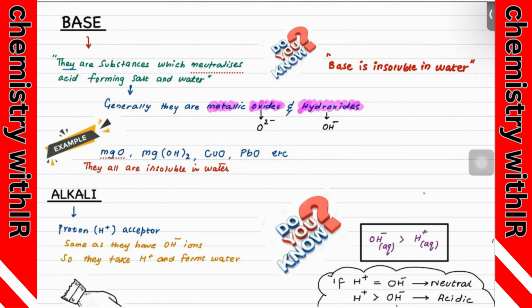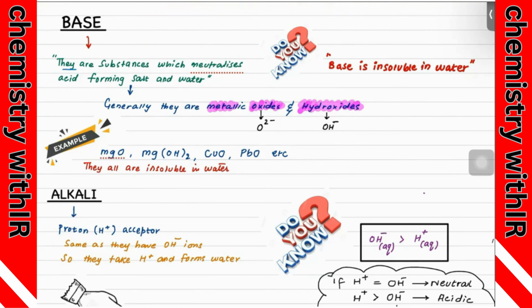Just like acid, we must know the difference. We must know the identifications of base and alkali. Like I told you, in the formula of acid you will always see the presence of hydrogen. In HCl, there was hydrogen. In H2SO4, there was hydrogen.